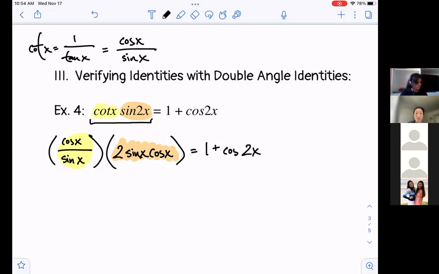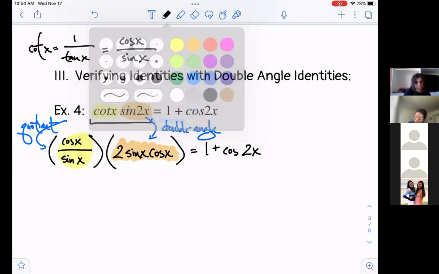So you can be mad about having to write it, but will you be more mad to write it or more mad that you lost points? I'll leave that up to you, okay? So the annotation here, we could say that we have a quotient identity here, and we could say here that we have the double angle.